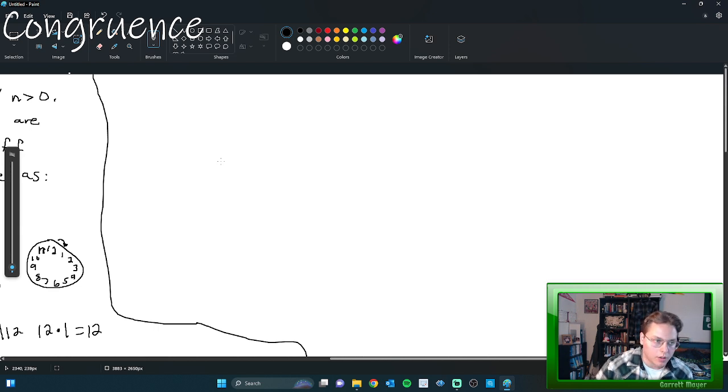With equality, we know that if A equals B and C equals D, then A plus C equals B plus D. But does this hold for congruence? Well, let's look at theorem 1.12.